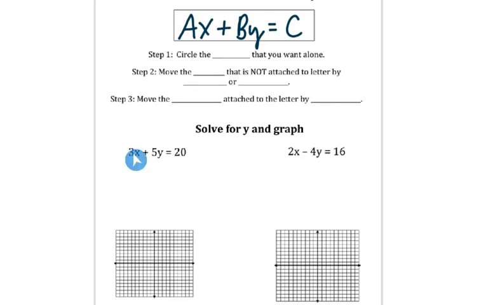But for today, what we're going to do with standard form is convert this into slope-intercept form by solving for y. So to solve for y, let's look at what it says right here.